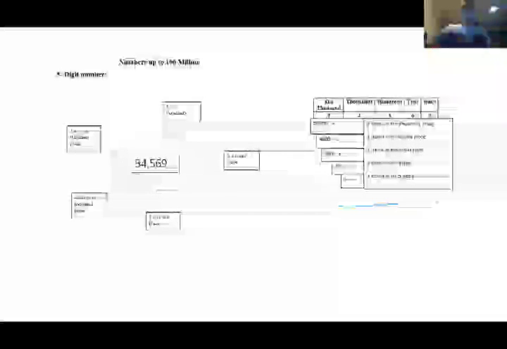If I explain this chart, where does 3 stand? 3 stands in the ten thousands place. How many digits are there after 3? 1, 2, 3, 4. How many zeros do we have to put here? 4.